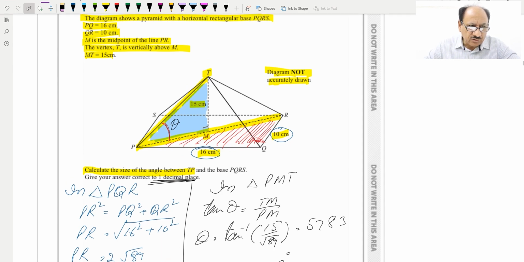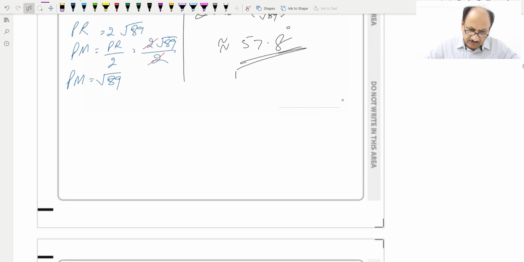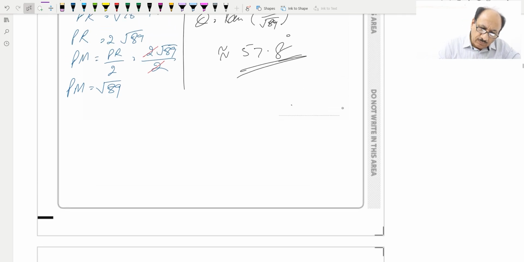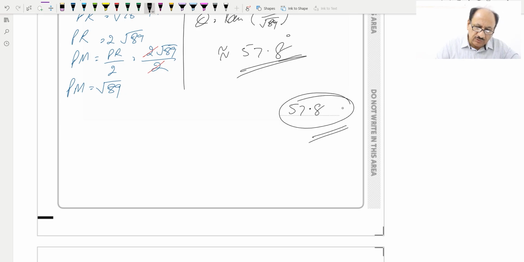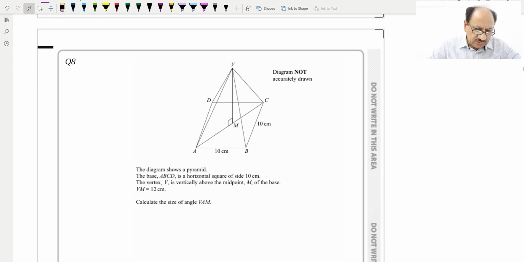Keep in mind, this is a 4-mark question, which we have done. Our proper answer at this place will be this one, 57.8. Now the next question is also a similar type of question, but it's a little different.